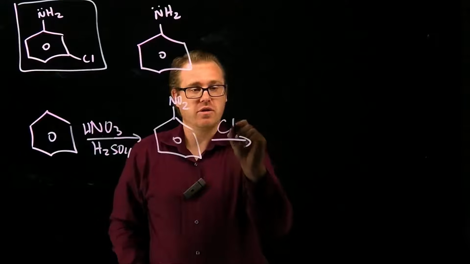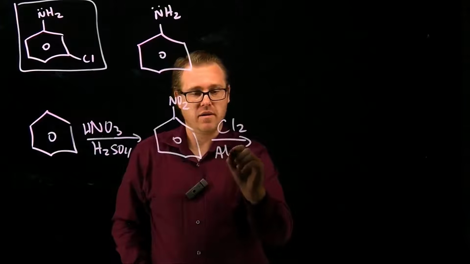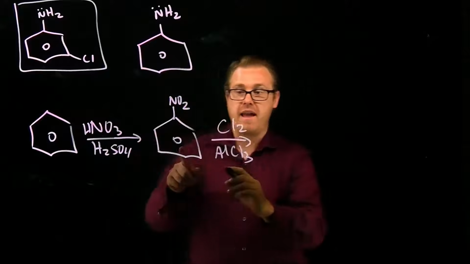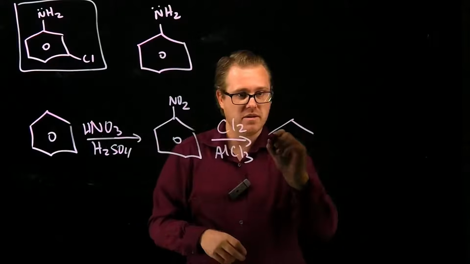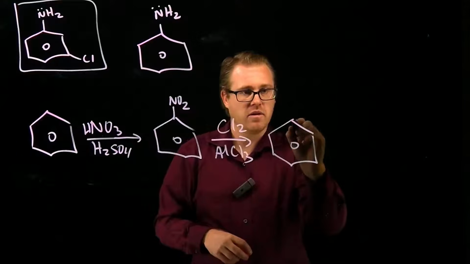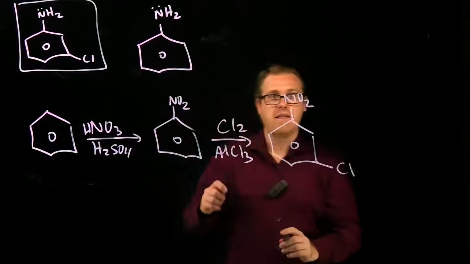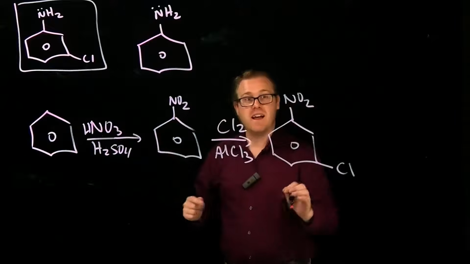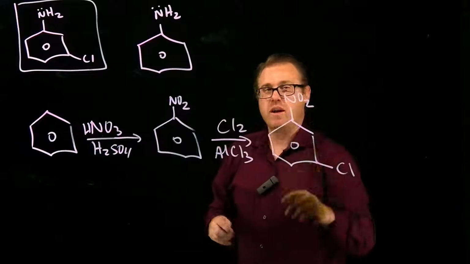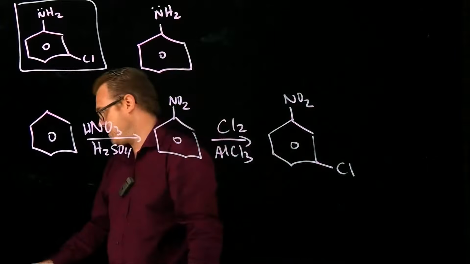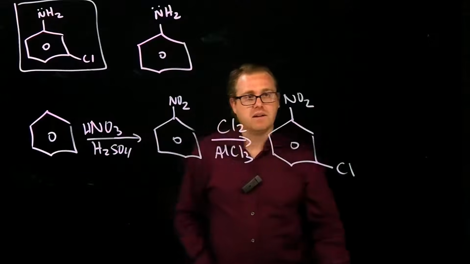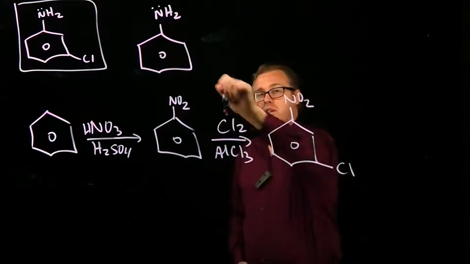So we could do the chlorination and then that will go to the meta position. All right. And then we just have to do one more step to reduce, well, actually two more steps. It takes two steps to reduce the nitro group into the amine.